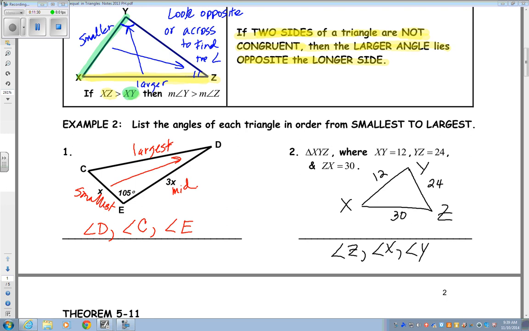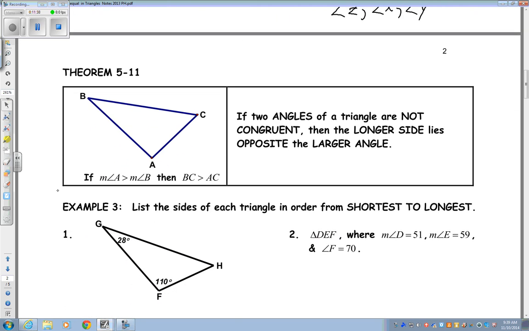Okay, all right, now this theorem is pretty much, we can go vice versa. So I'm talking about sides, I can also talk about angles. So on the next page, theorem 5.11, it's basically the angle inequality theorem, because we're going to look at inequalities on the next part.